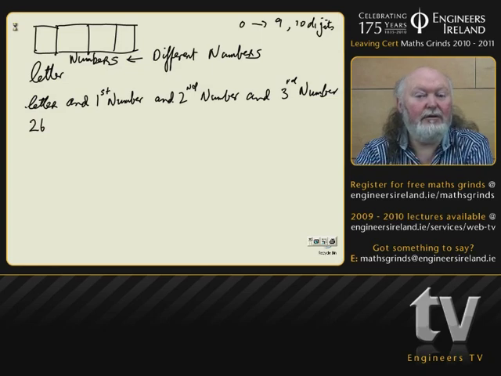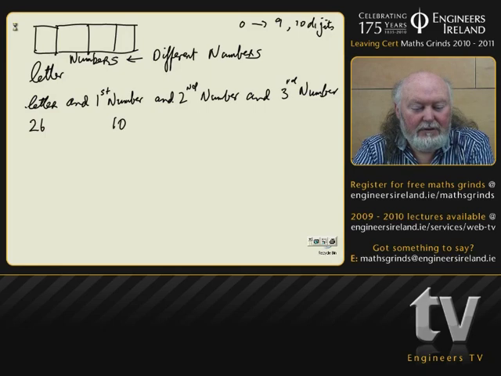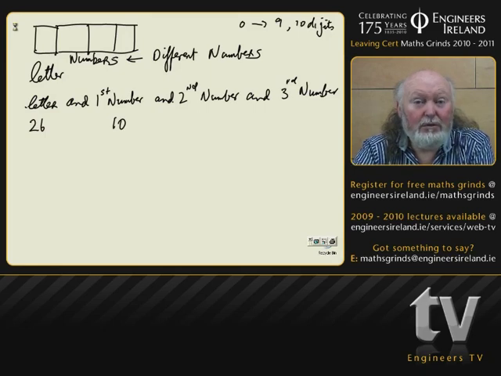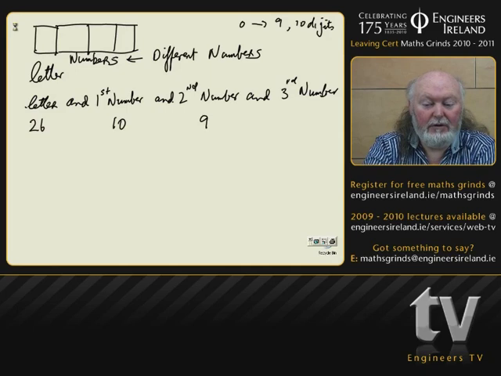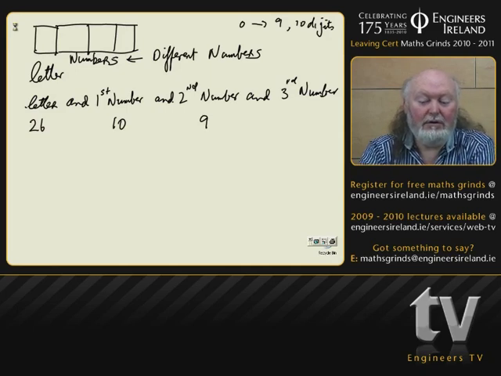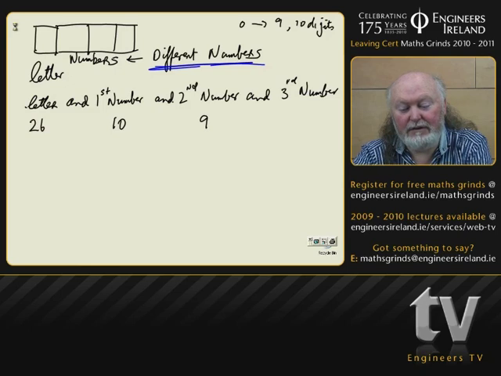So I have 10 possibilities for my first one. Now, just because we have taken one out there, it means for the second number, it's only 9 possibilities. Because remember, our numbers, we were told, were different numbers. And if that's the case, having 2 numbers used out of the 10 possible digits, for the third one, we only have 8.